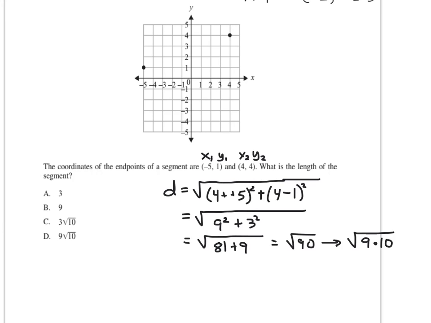And now we can break this apart into the square root of 9 times the square root of 10. And everybody knows that the square root of 9 is 3. And we're going to multiply that by the square root of 10. So the distance for this case, negative 5, 1 and 4, 4, happens to be letter C, which is 3 times the square root of 10.